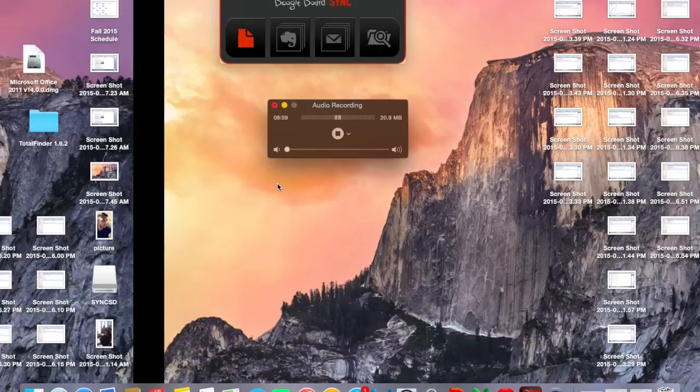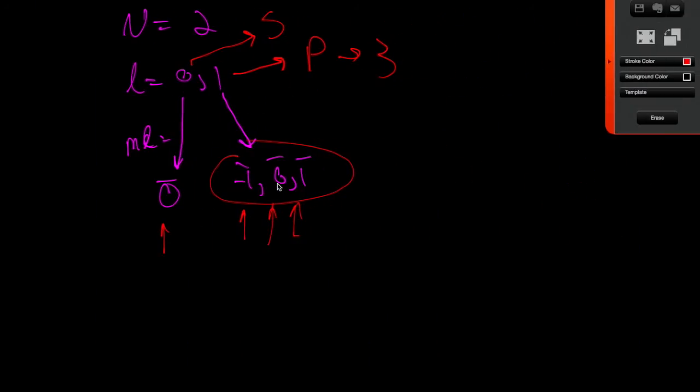Okay. Now there also is another quantum number known as the spin quantum number. We didn't really get into that, but hopefully you know enough now to maybe go further and learn about the spin quantum number.